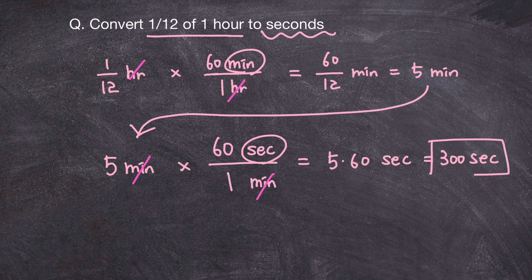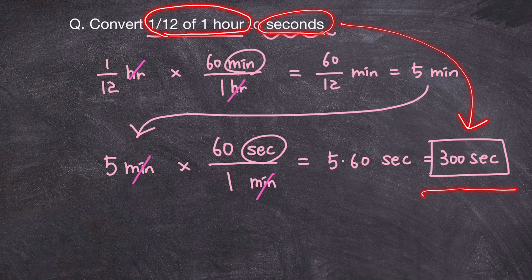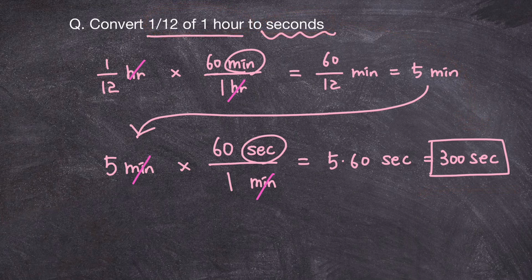And that's going to be our final answer, which means 1/12 of 1 hour is equal to 300 seconds. So this is basic hour to minute and minute to seconds conversion question.